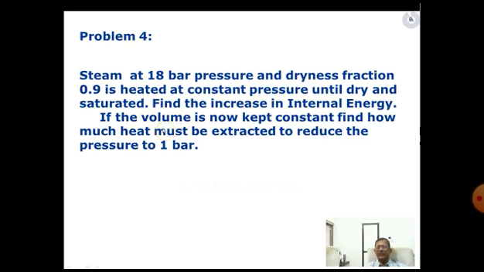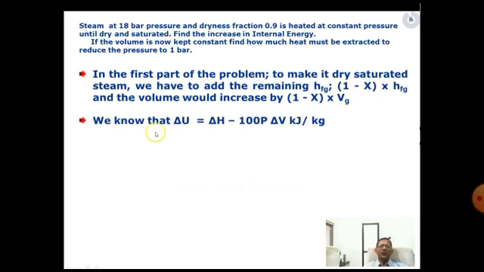At dry saturated condition, it will become vg. So what we are adding is basically 1 minus x, that is 0.1 vg. So first we find the change in enthalpy, that is 1 minus x into hfg, and the change in volume, that is 1 minus x into vg.